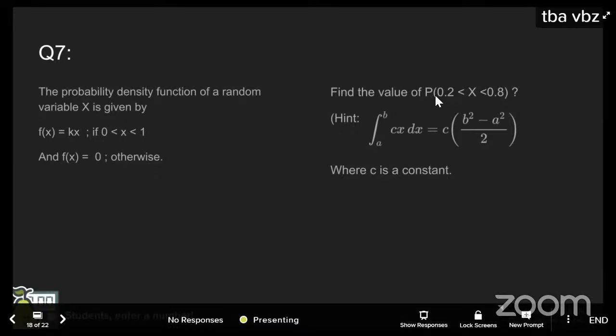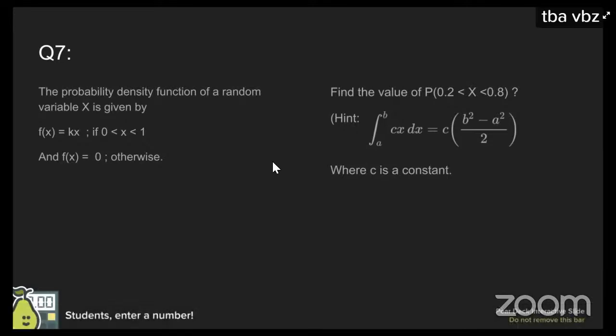You need to find the probability that your random variable x takes a value between 0.2 and 0.8. You are given the formula in the hint as well. You can use that hint if you're not aware of integration. So you are given the integration formula to approach this question.